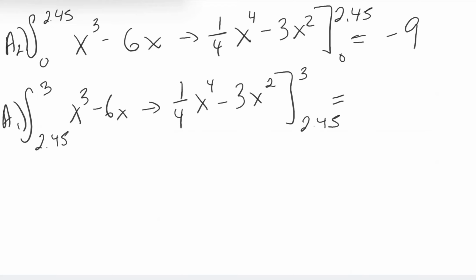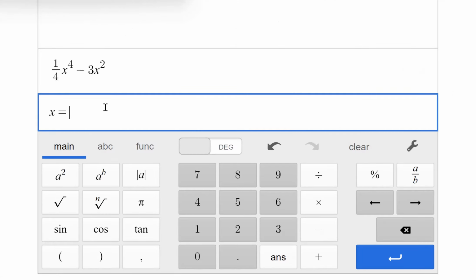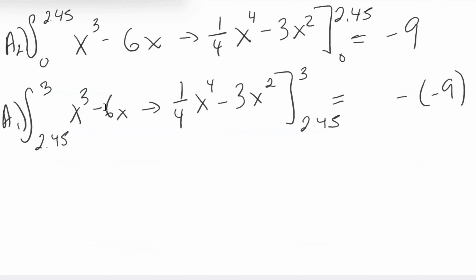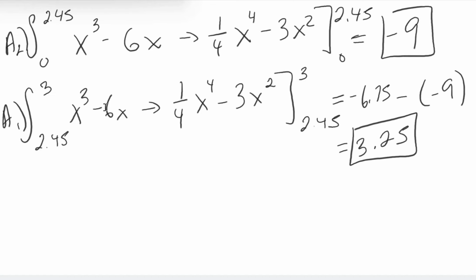In this case, I've got whatever 3 is minus a -9, because we're going to subtract off the end. So now I'm just going to plug in 3. And I get -6.75. So this is going to come to be 3.25. That's positive 3.25, and that's -9.